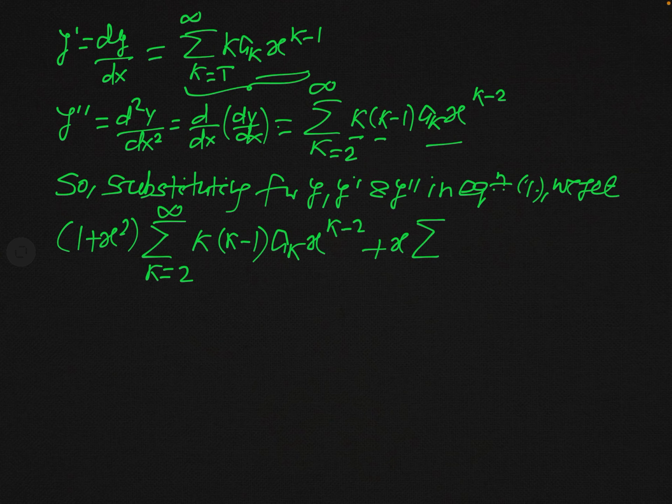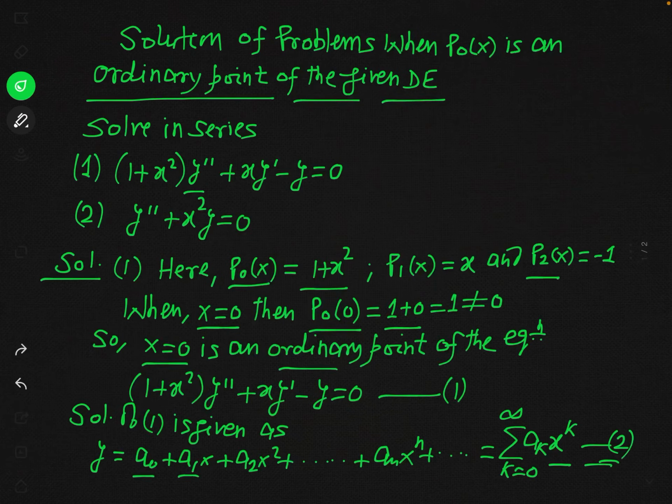So this is x times the summation over k from 1 to infinity of k into ak into x to the power k minus 1, and minus y, which is simply y, as defined in equation 2.